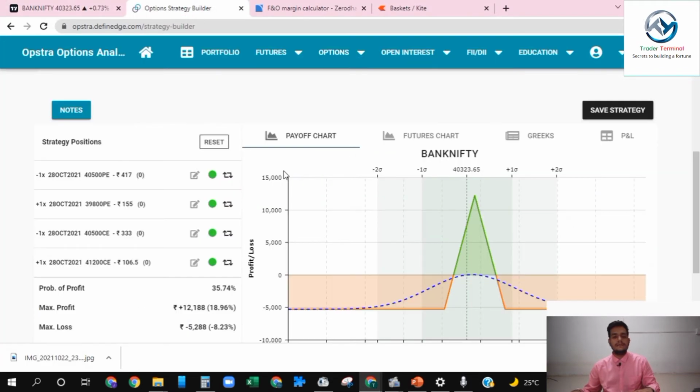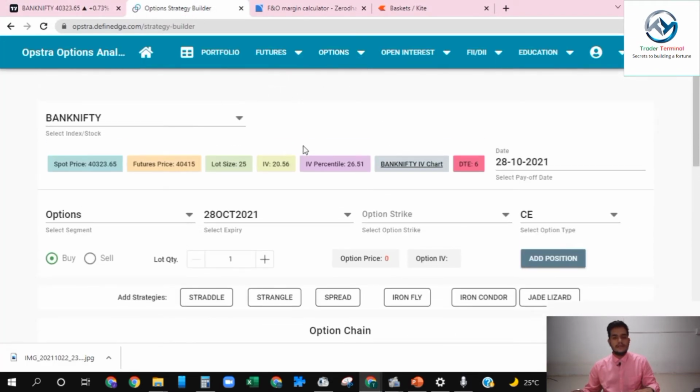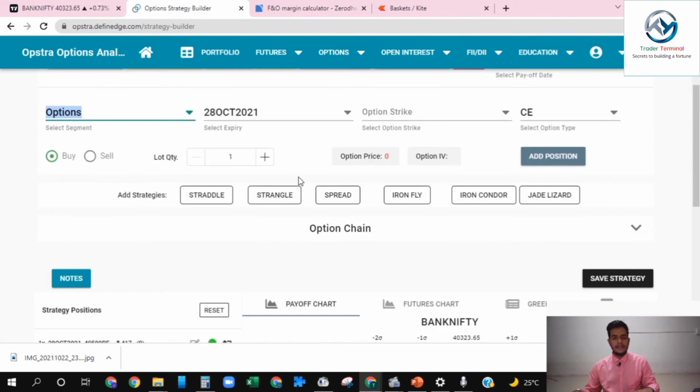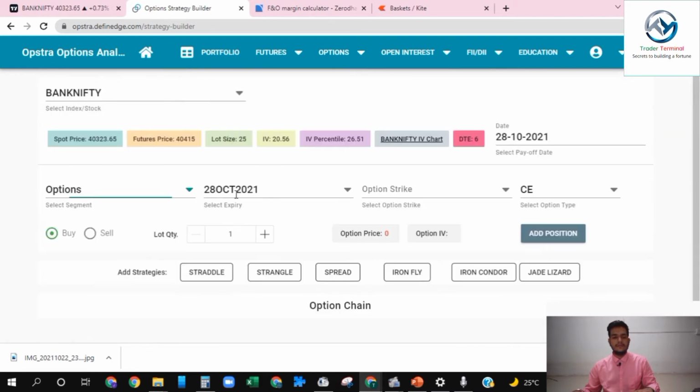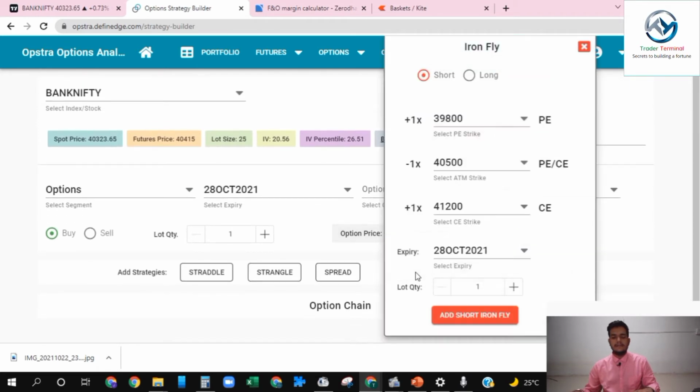So guys, this is one of the best platforms where you can design your own strategy and do the analysis regarding options. Here I will select option, and you can see this website already has strategies like straddle, strangle, spread, iron condor and iron fly. First of all I am going to reset and I will select iron fly.